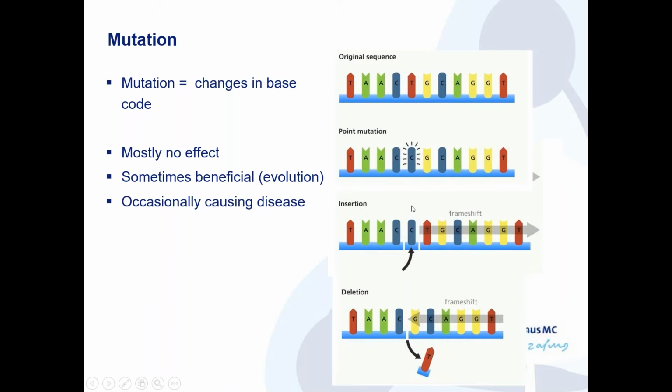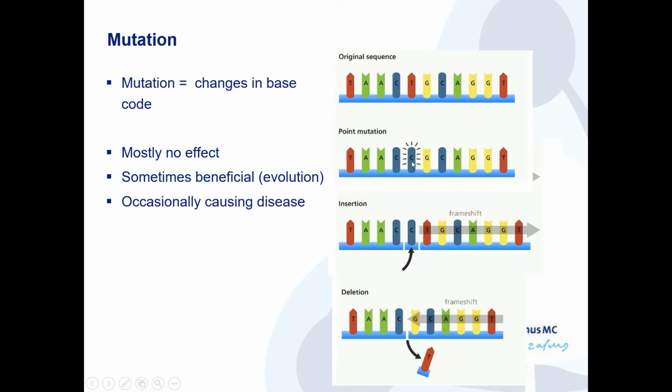So what happens with a mutation? This basically means that there's a change in that letter code. So here above on the right, you see an example of such a letter code. The letters are the nucleotides, and if there's a mutation, there's a change in this letter code.